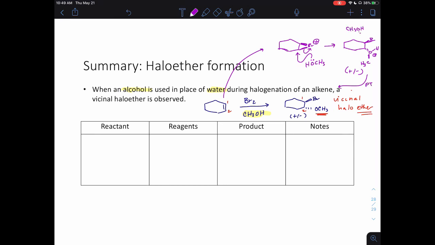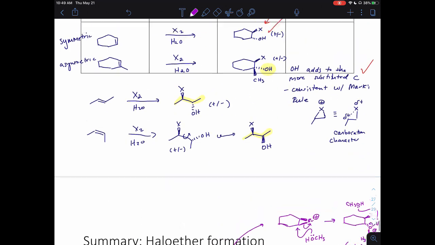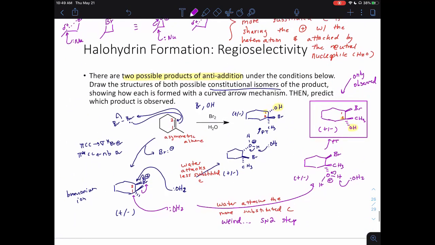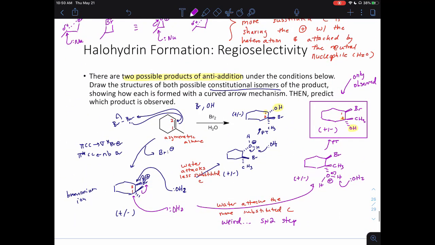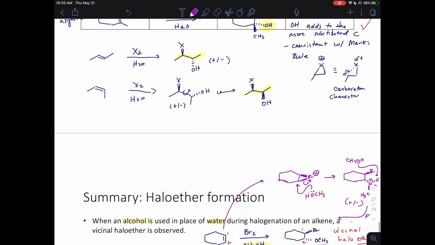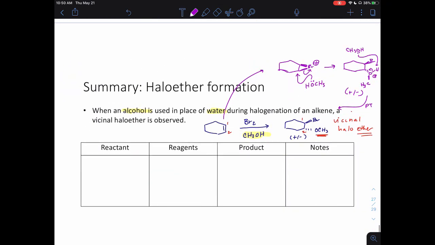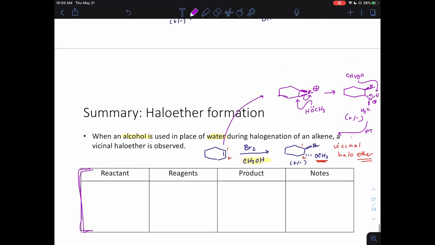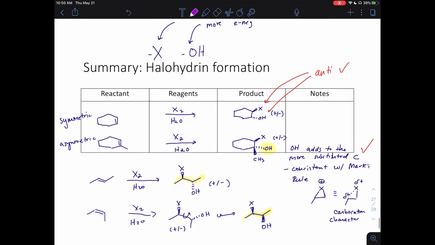So this is the same exact mechanism as we saw for halohydrin formation, and all the same considerations. So see if you can summarize haloether formation, just like I summarized halohydrin formation here.